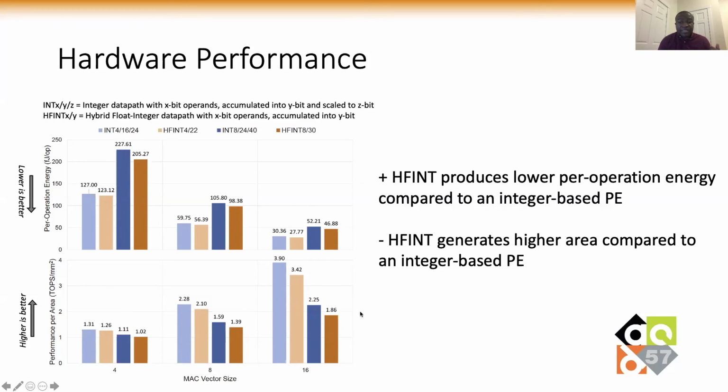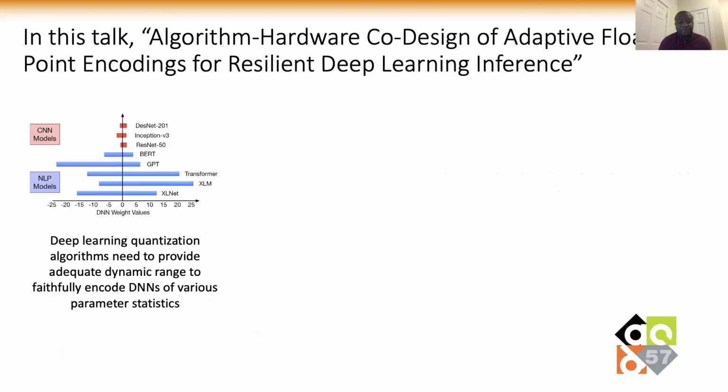Although we do notice a higher area in the hybrid float-integer PE. And that is because a floating point MAC is composed of multipliers, shifters, and adders, and it is not as compact as a fixed point MAC, which only contains multipliers.